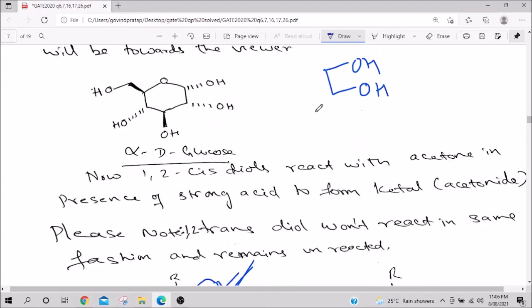Similarly, if you look at this glucose, you see that these two are on one side, because both are away from the viewer. Now this and this are not on the same side, and this one is not 1,2. Here OH is not there, it is 1,3. It can form a 6-membered ring, and it forms something like this.